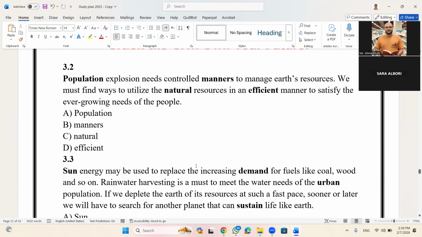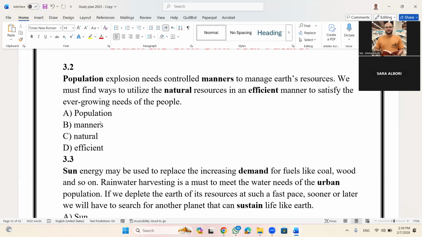Look at the first chunk here. Do you know what the paragraph is about? It is about the increasing number of people.